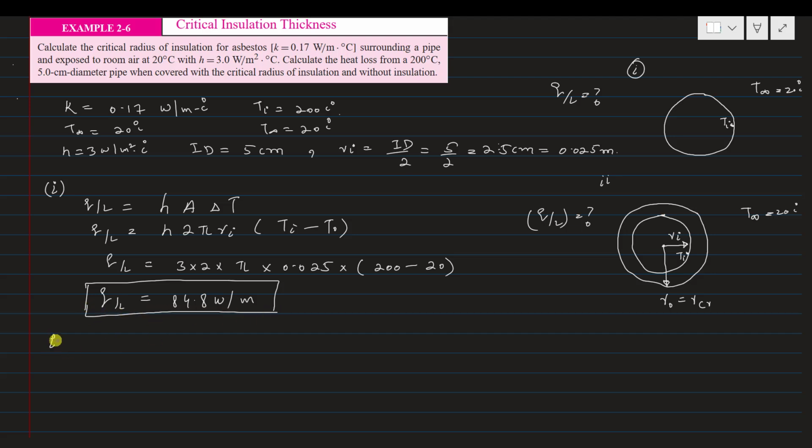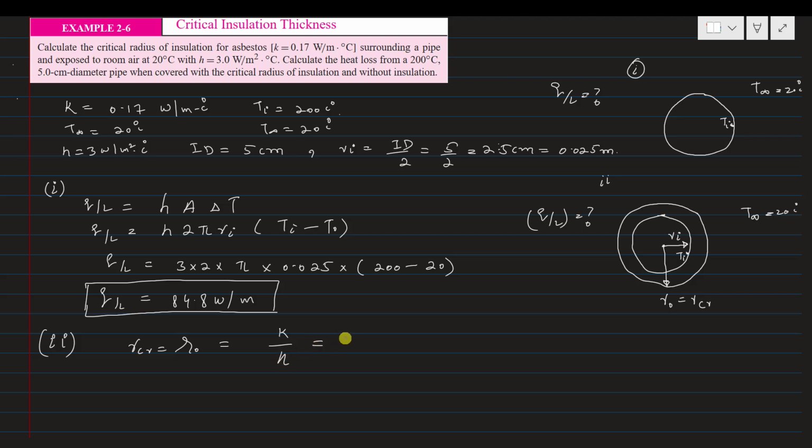Now let's come to the second case. First we need to find the critical radius, how much insulation radius is provided over this pipe. The critical radius basically tells us to what extent we are providing insulation. The critical radius is R0, equal to K divided by h.